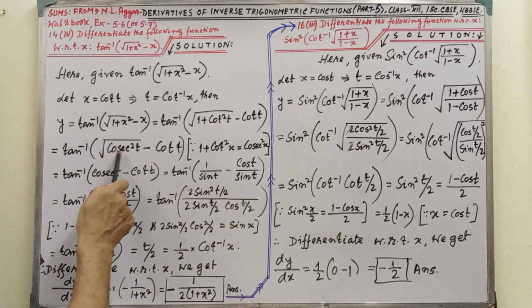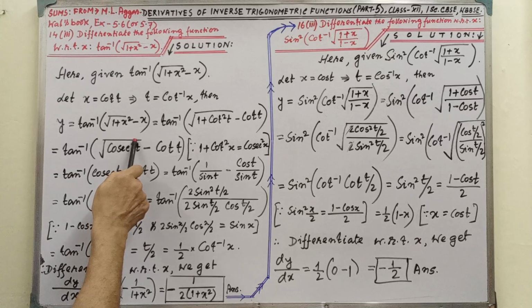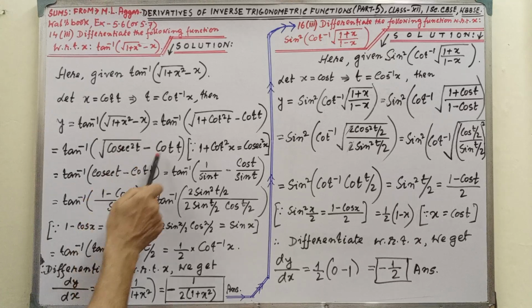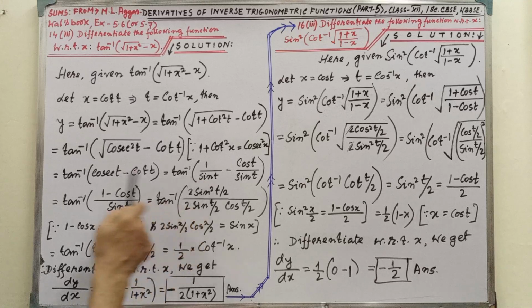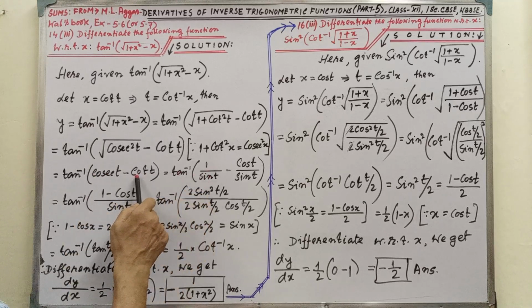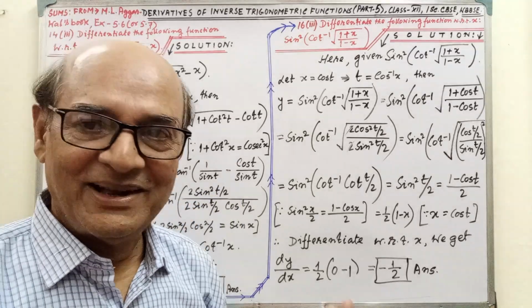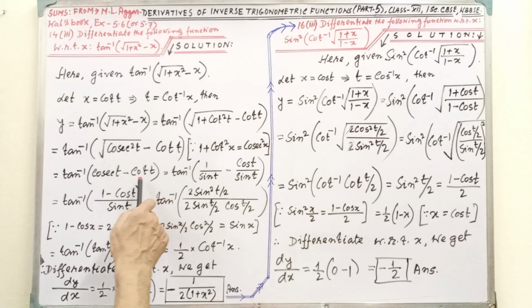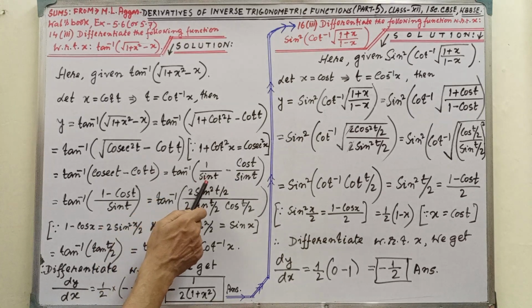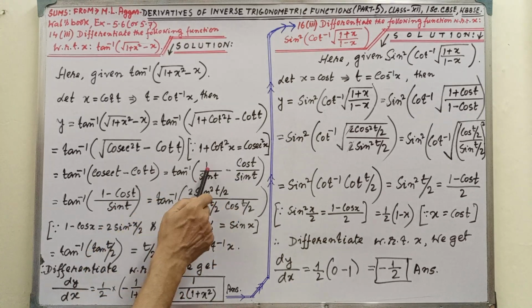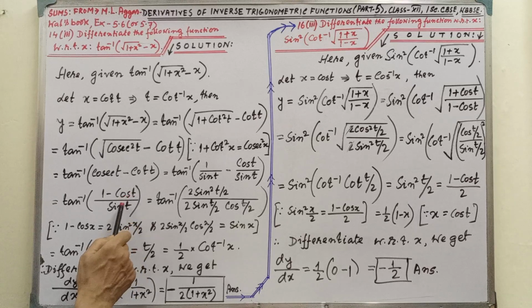Now square and root will be eliminated, so it will be cosec t minus cot t. Now we have to simplify. In place of cosec t we may write 1 by sin t, and cot t is cos t by sin t. That also you have learned at class 9. Now LCM, that is sin t, and 1 minus cos t.